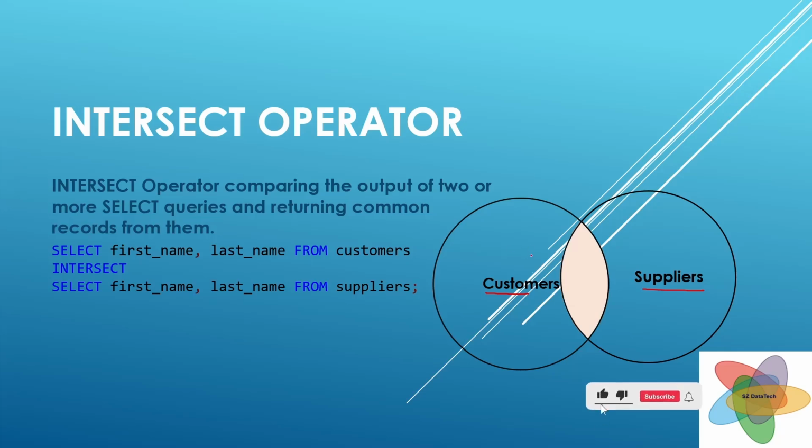Here we have three records A, B, C, and the supplier has three records P, Q, A. It will compare customer as well as supplier and identify the common records. Like over here, A is a common record. It will return that particular common record. Here again it will remove duplicates and we will get only one record.